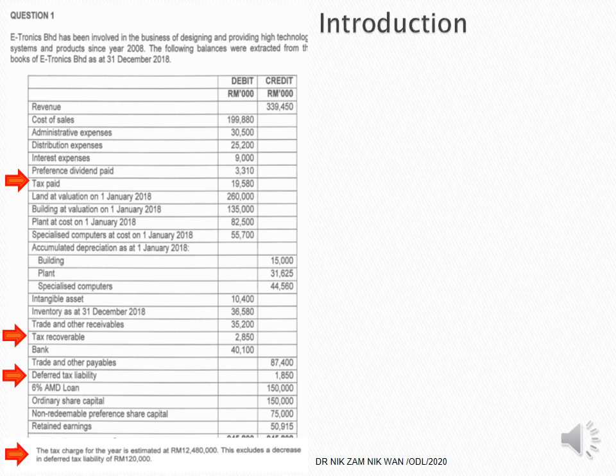So in preparing the statement of profit or loss and other comprehensive income, what you normally do is take into consideration all the information given and find the tax expenses for the year to be deducted from your profit before tax.